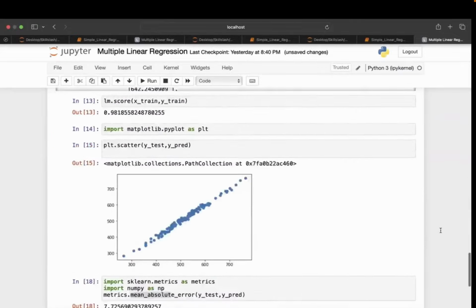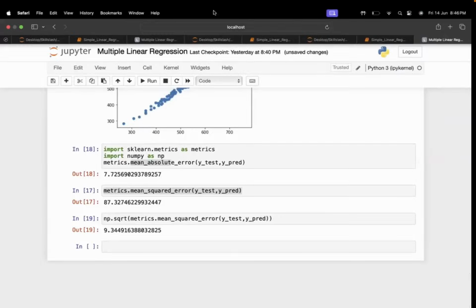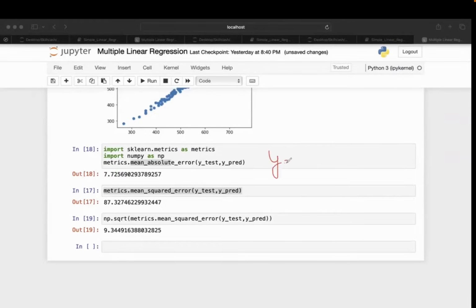If you remember, this is multiple linear regression, right? Once it is multiple linear regression, how is my equation of line going to look: y equals m1x1 plus m2x2 plus m3x3 plus m4x4 plus c, right?